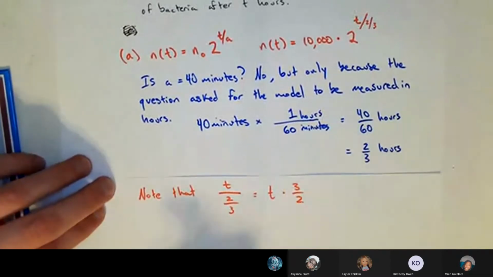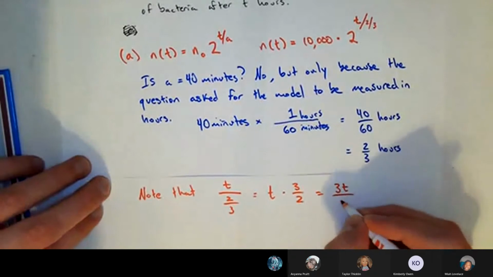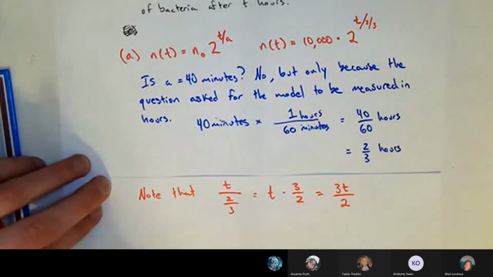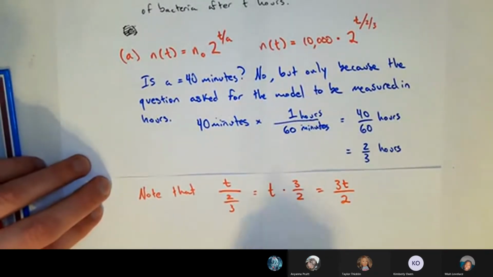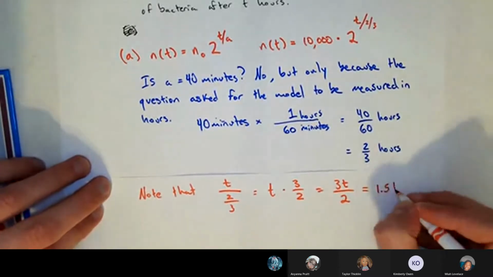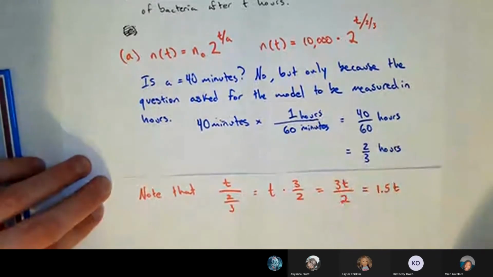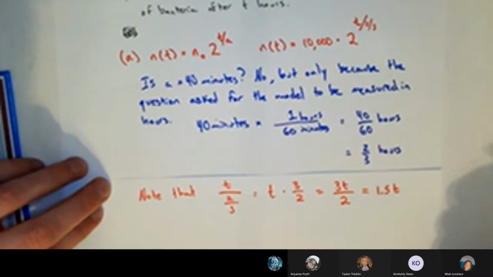Just recalling that rule, when you divide by fractions, you flip the fraction and flip the operation to multiplication. So that's the same as 3t over 2, just by multiplying the t by the 3. And if you like, we can say 1.5t in decimal, because that's what 3/2 is, it's 1.5.